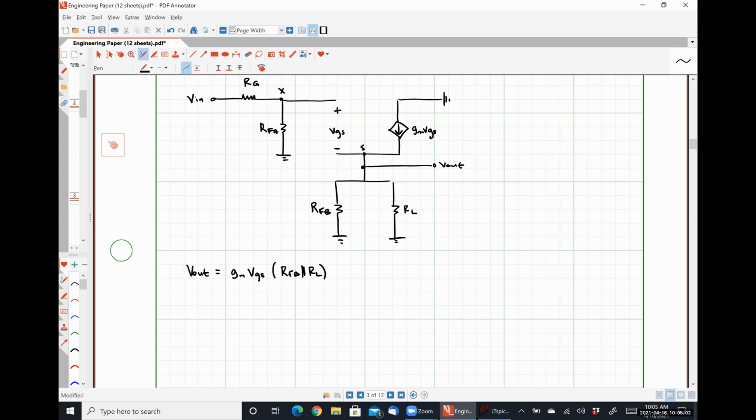Let me say that. So what is VGS by definition in this circuit? Vx minus Vout, okay? So GM times Vx minus Vout times RFB in parallel with RL.